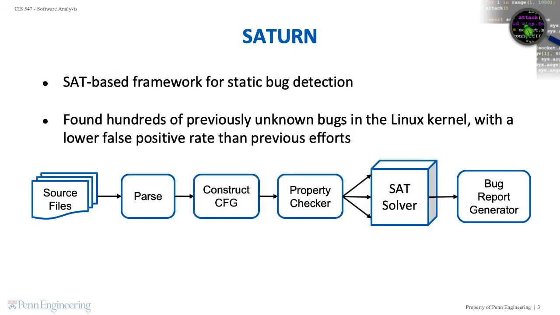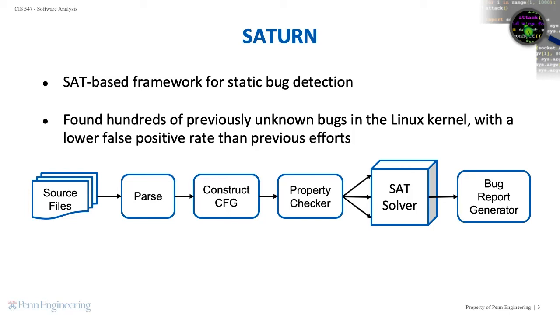The Saturn pipeline depicted here generates Boolean constraints in 3 steps. It first parses the given program's source code. It then constructs its control flow graph and finally encodes the semantic information in the control flow graph as a Boolean formula with the goal of checking a property of interest, such as assertions or memory leaks.